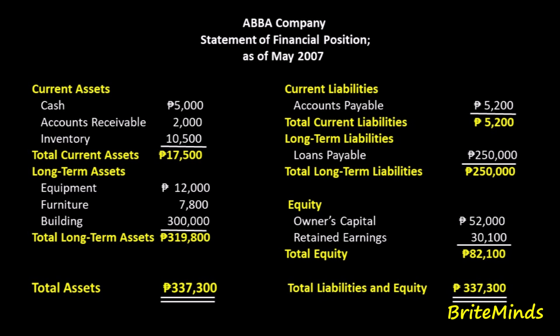So we can see in this account form that the assets are on the left side, and then the liabilities and equity are on the right side, and the three accounts are shown side by side. Total assets on the left, total liabilities and equity on the right.